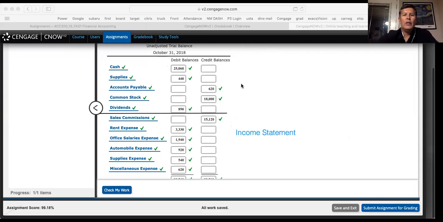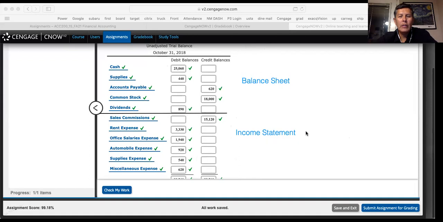Up here is where we put the balance sheet accounts. Keep in mind, I didn't put this in here, but the difference minus our dividends is where we got our retained earnings.